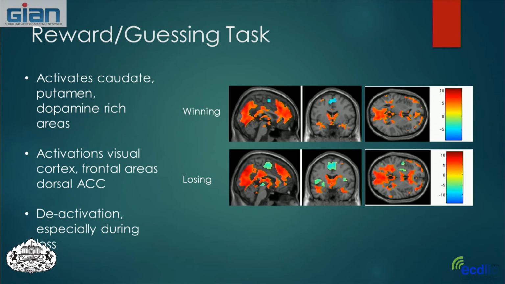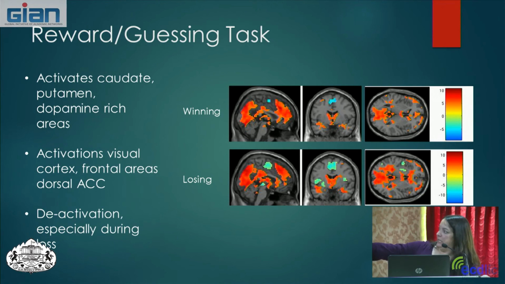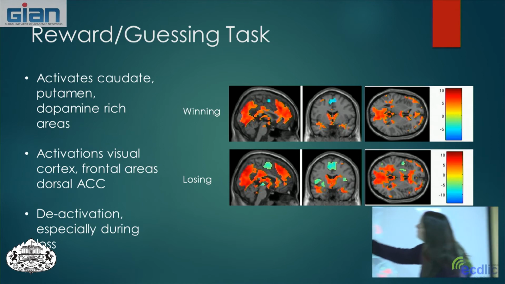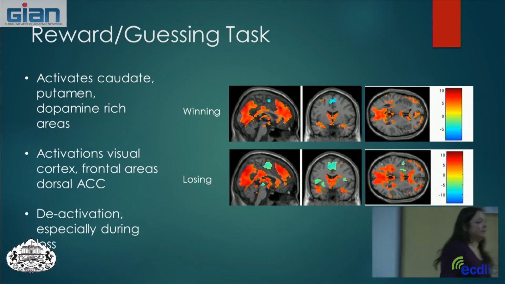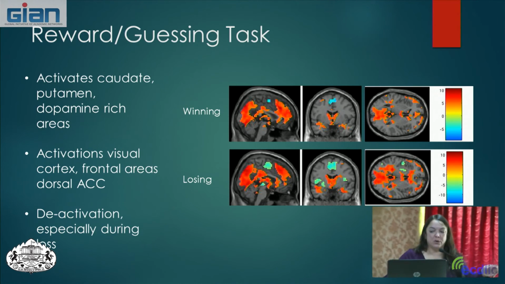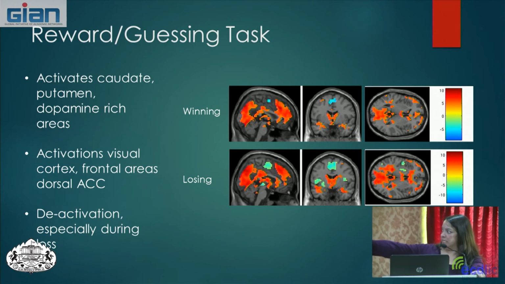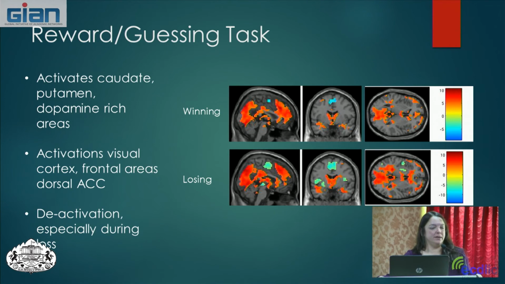And remember, I told you this activates the caudate very much, and you can see that here in the middle. It also activates the putamen, which you can see there. Remember, those are the areas that are rich with dopamine and reward receptors. So this actually works. It gets people excited in their dopamine channels.